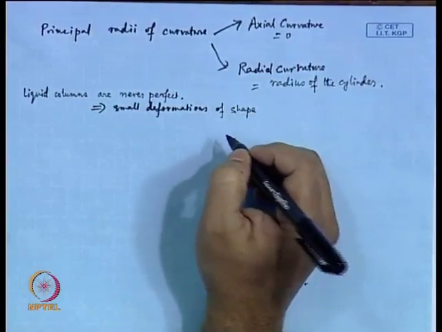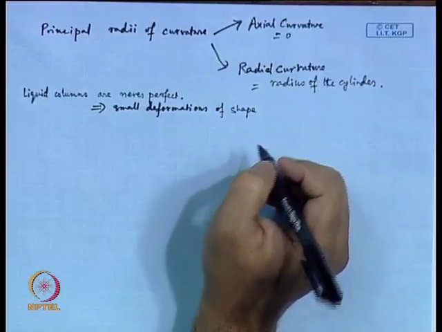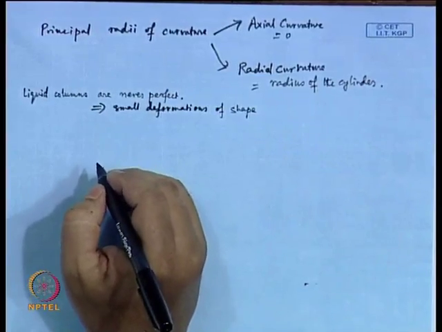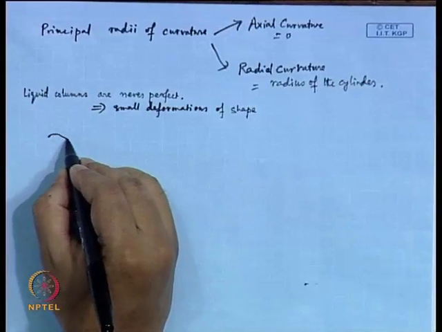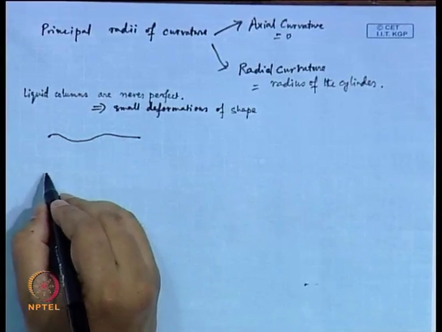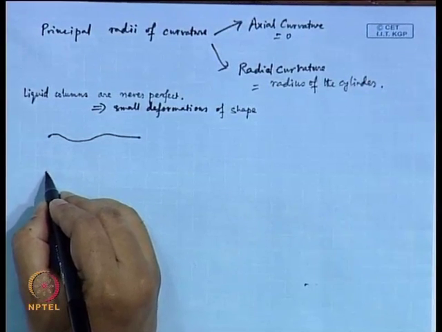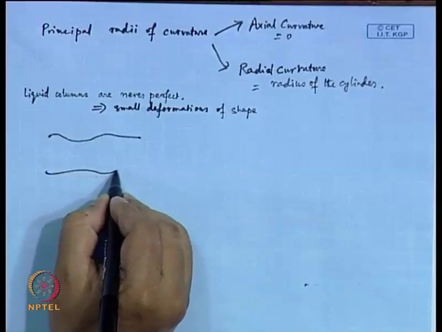If there are small deformations of shape, then instead of the cylinder, the wall of the cylinder will appear something like this.